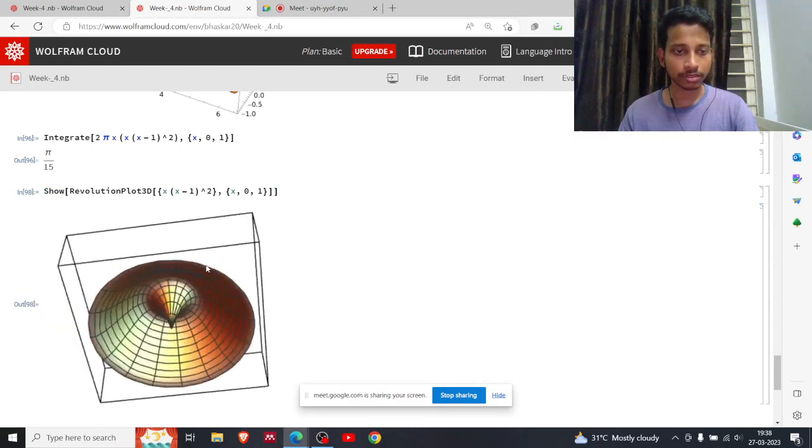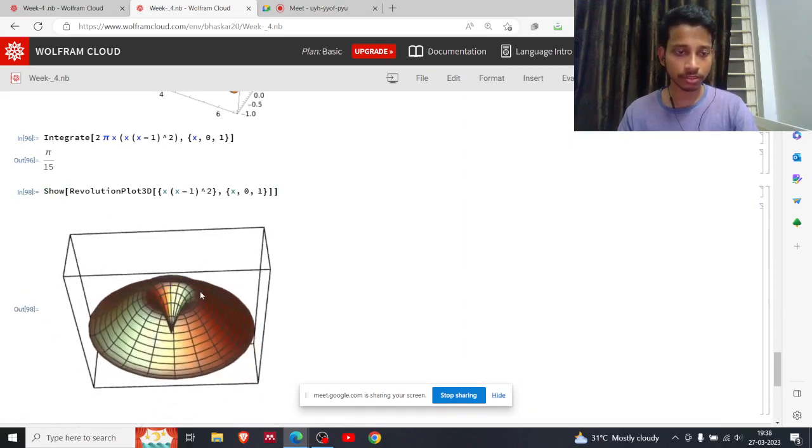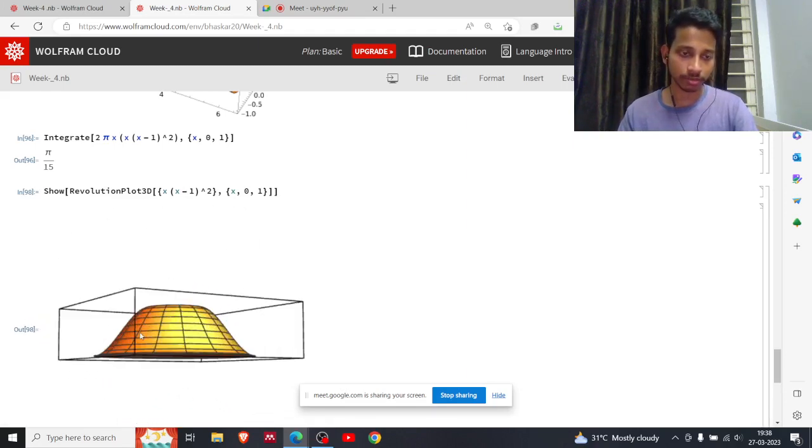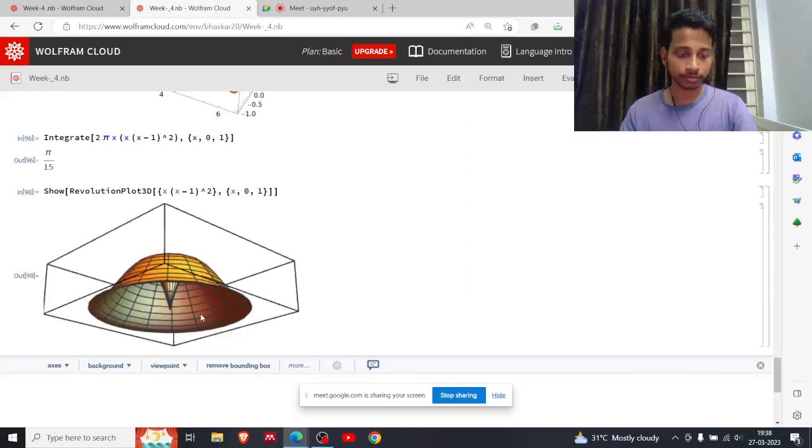Now if we remove this particular line, revolution plot 3D, 0, we will see this kind of graph, this kind of revolution plot 3D.